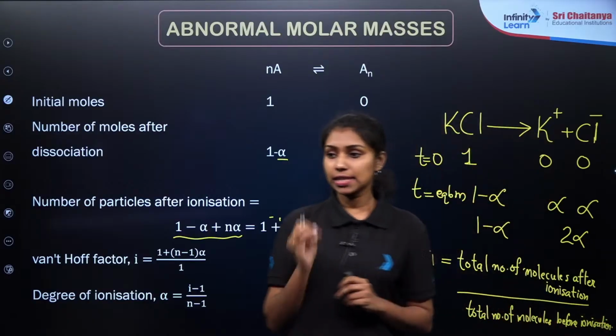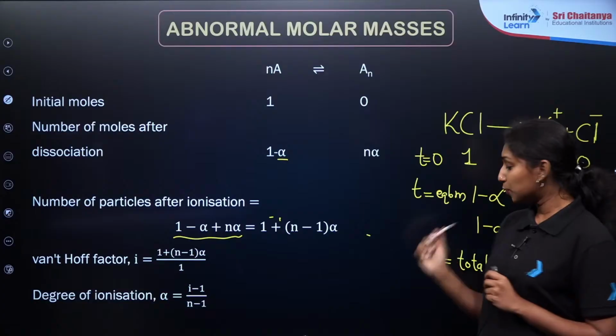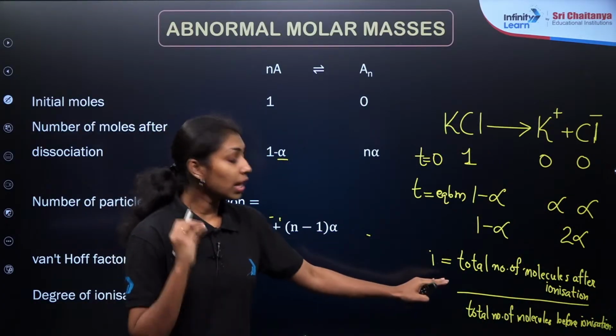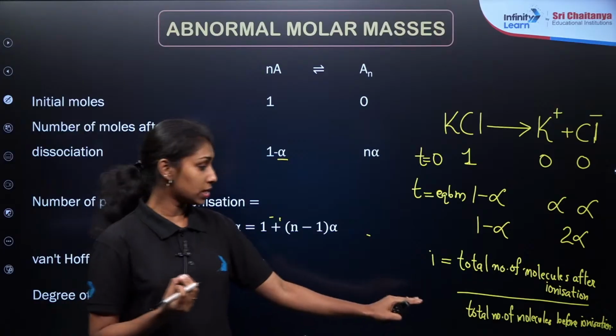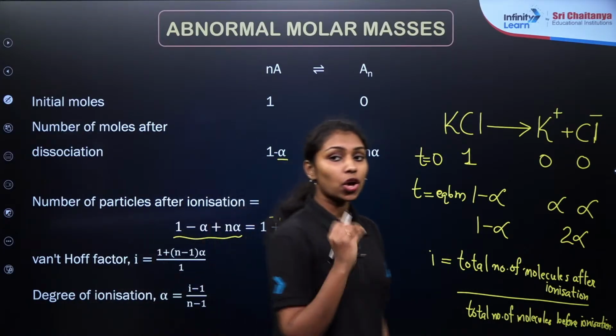In terms of ionization, association or dissociation, we need to calculate the Van't Hoff factor as the total number of moles after ionization, association or dissociation, divided by the total number of molecules before ionization, association or dissociation.